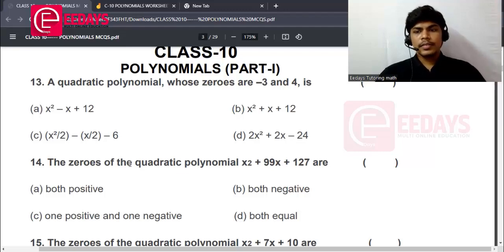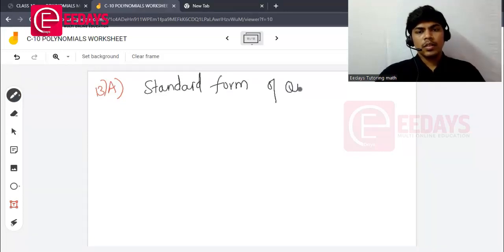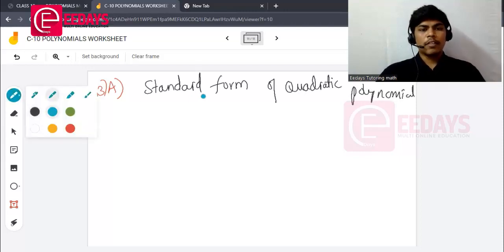Anyone got the answer? First of all, quadratic polynomial. What is the standard form of a quadratic polynomial?